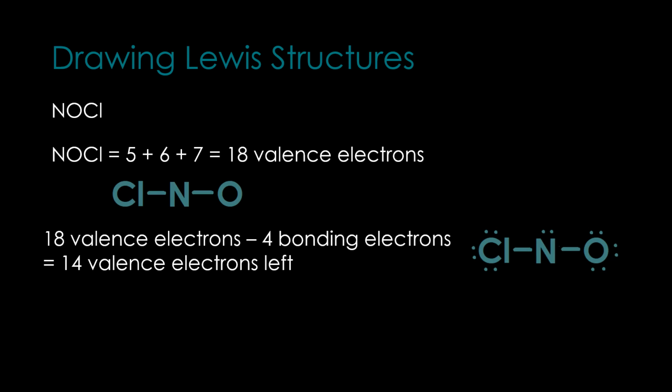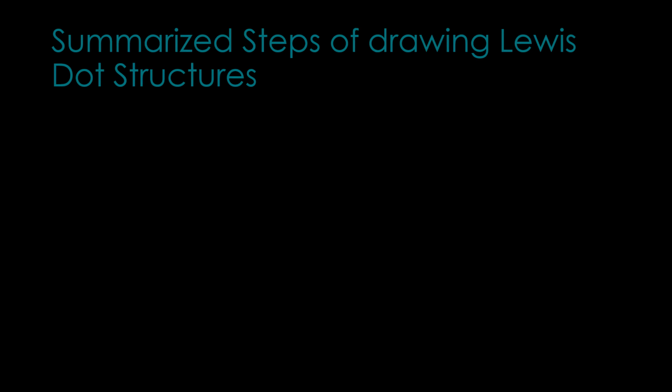That's why we have to remove a lone pair from oxygen in order to have a second bond between nitrogen and oxygen. Now all of the elements have 8 valence electrons around them, so this is the final Lewis dot structure of nitrosyl chloride. Now I'm going to list the summarized steps of drawing Lewis dot structures.